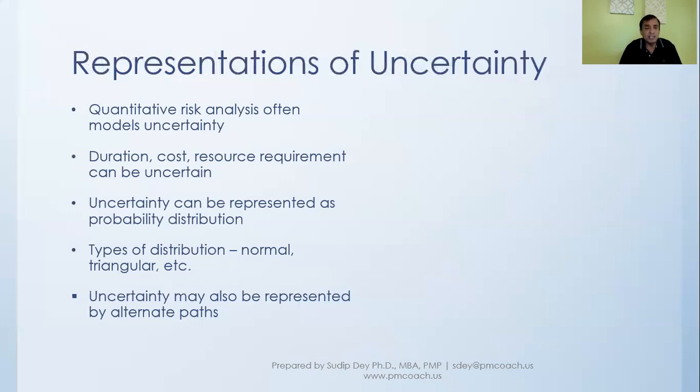With alternate paths, we look at the uncertainty and see what can happen if this scenario takes place, what can happen if that scenario takes place, and what is the probability of scenario A and of scenario B. We can then move forward and use that information to make calculations or make decisions based on the uncertainty.